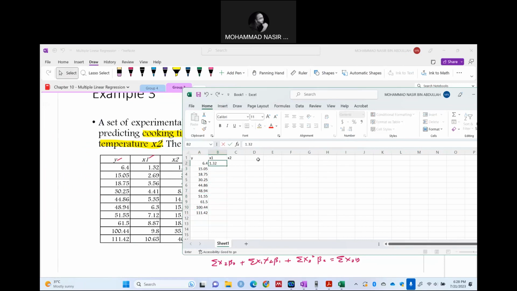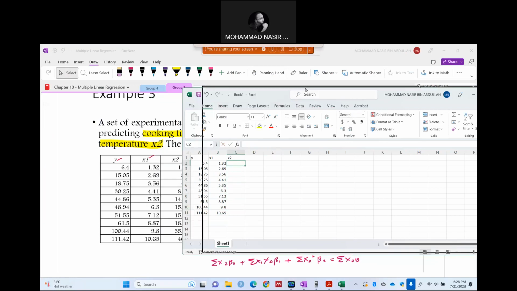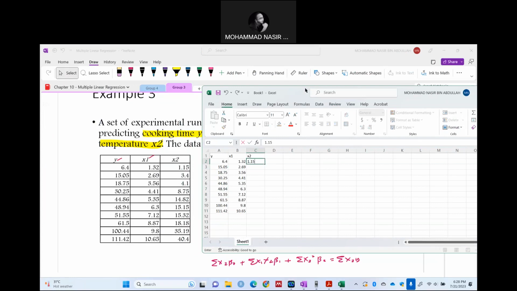So use Microsoft Excel to compare or confirm your result in the assignment. The last one is 1.15, 2.4.